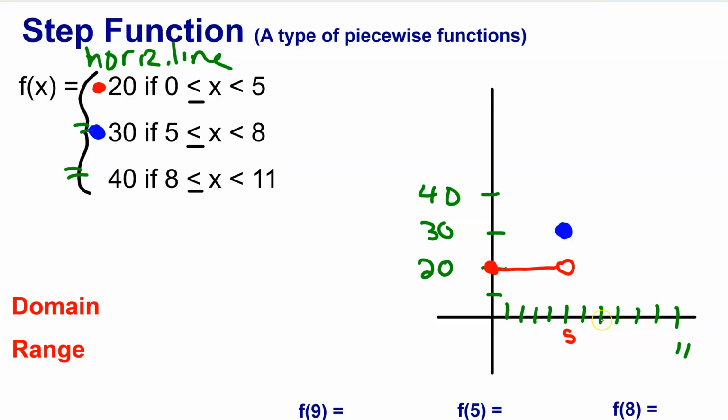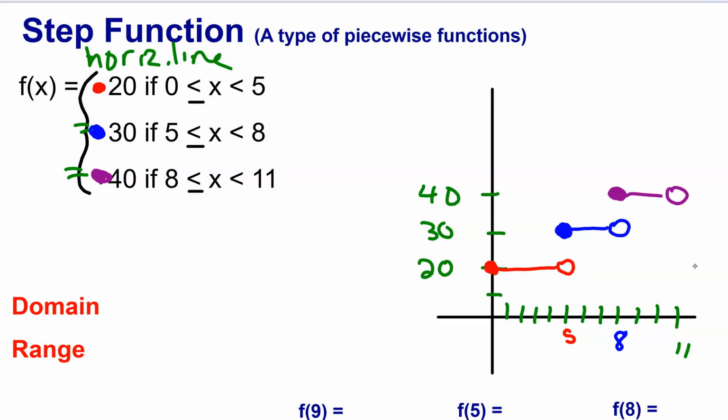And it's going to go to 6, 7, 8, but not include 8. And then the third one is going to be at 40, and it's going to include 8, but not include 11. So that's the step function of these 3 horizontal partial lines.